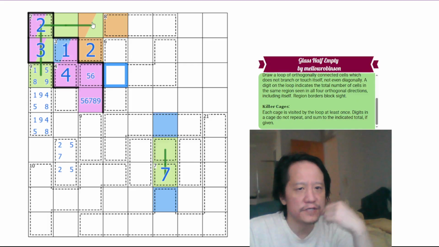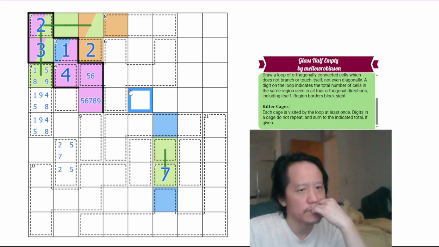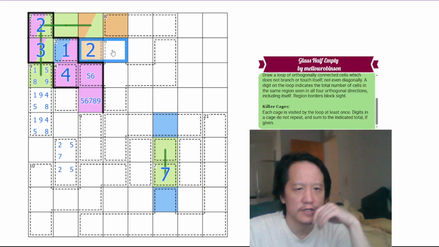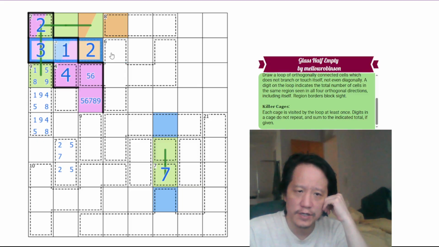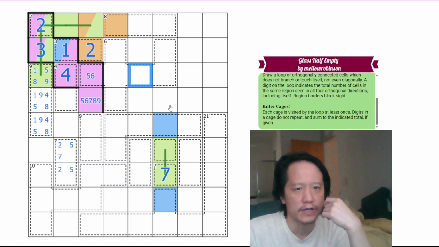Okay. This cell is on the loop. I guess it could go that way. So this cannot be part of the region because if it is, it can't be 1, 2, or 3 in that cell. And this would then be at least 4, and 4 and 5 add up to 9.